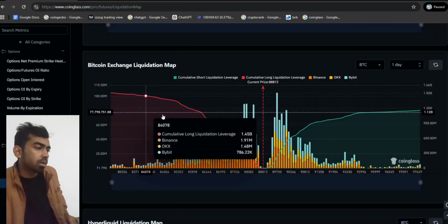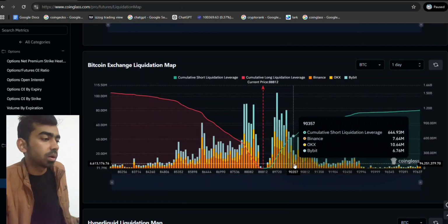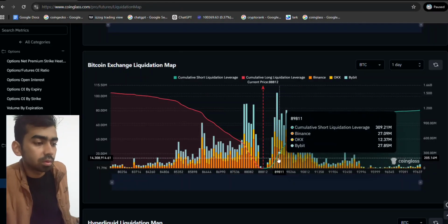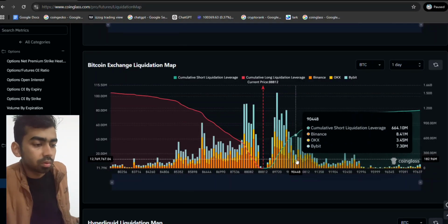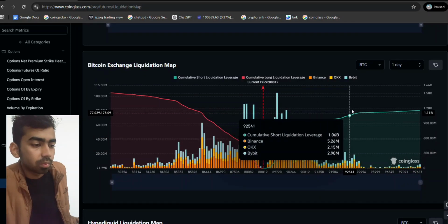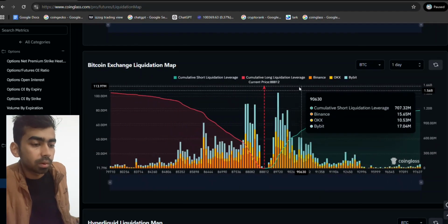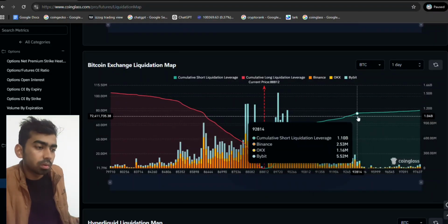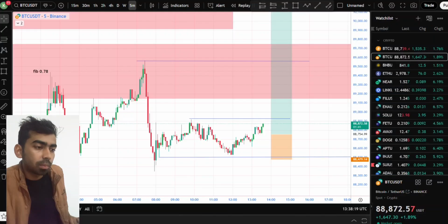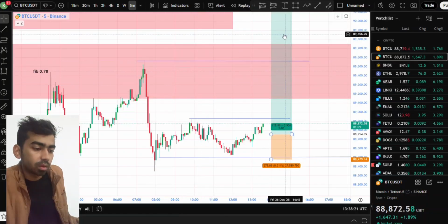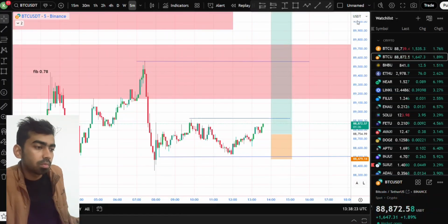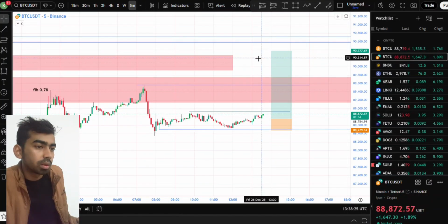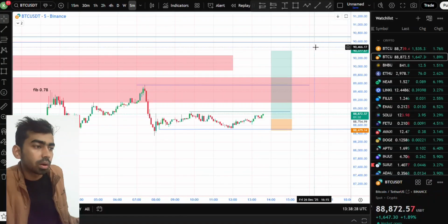Okay, maybe a few people will enter after BTC reaches from 88 to 90 or above 90. Now you can easily understand that the upper side liquidity is high. That means there is lots of liquidity at 89 or 90.